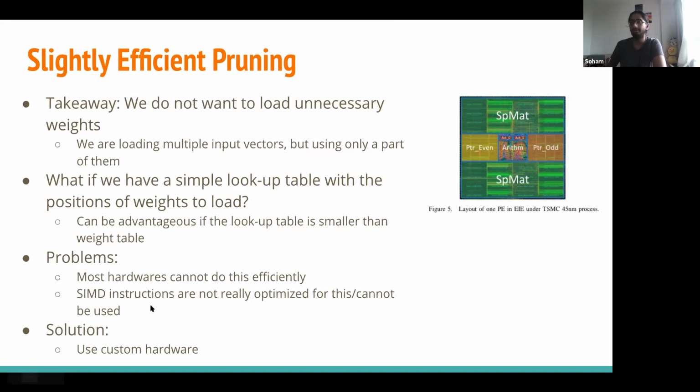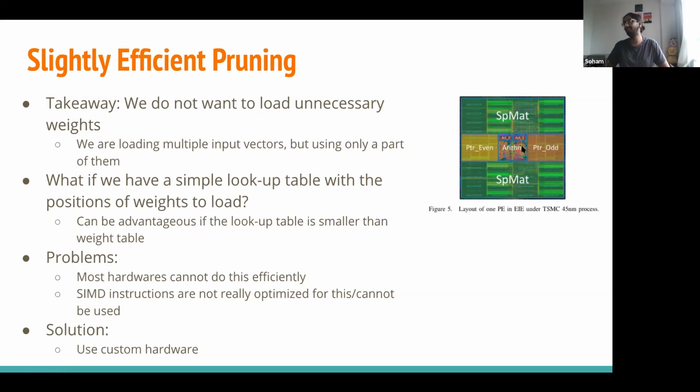So if we can't use SIMD operations, then we have to write our own instructions, and that's really slow. The solution here is to use custom hardware that can take advantage of pruning.